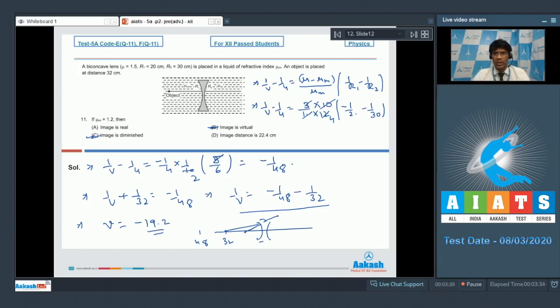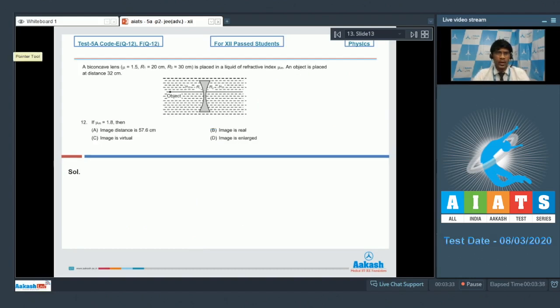Now let's proceed to question number 12. Here, if the refractive index of the medium is 1.8, I'll calculate in a similar way. 1 by V minus 1 by U is equal to (mu minus mu m) divided by mu m. This time it is 3 by 10 with a negative sign, divided by 18 by 10, and this part is minus 1 by 20 minus 1 by 30.